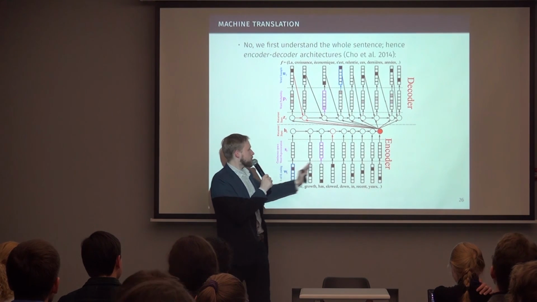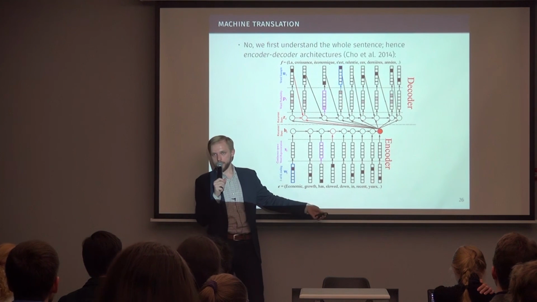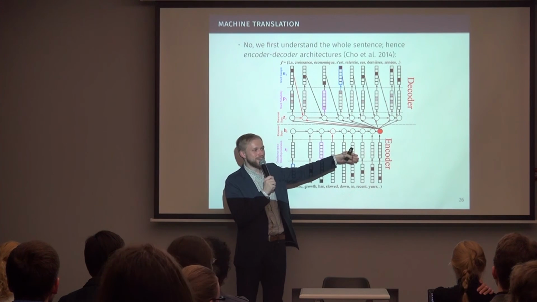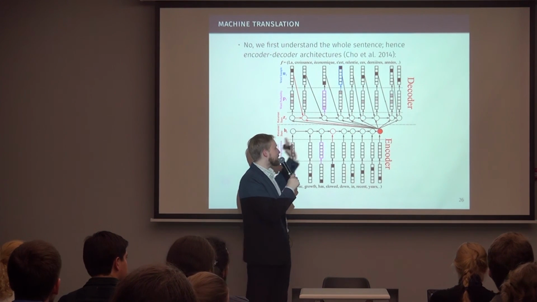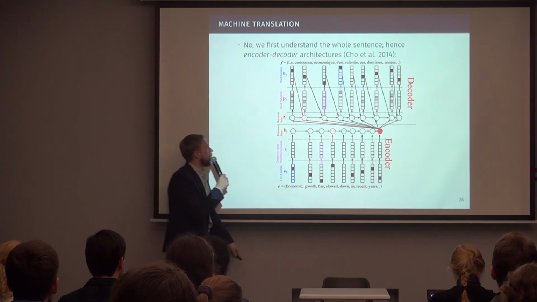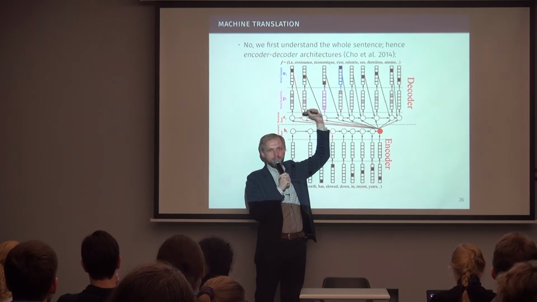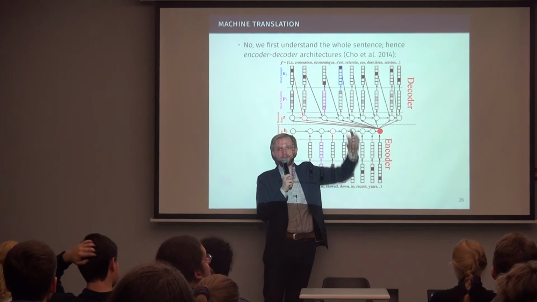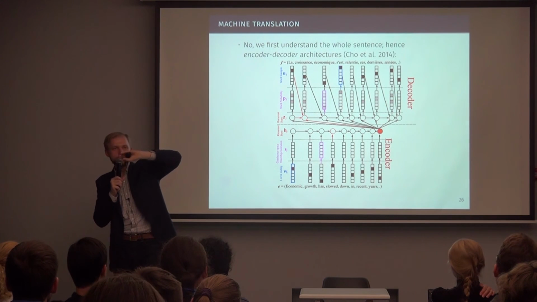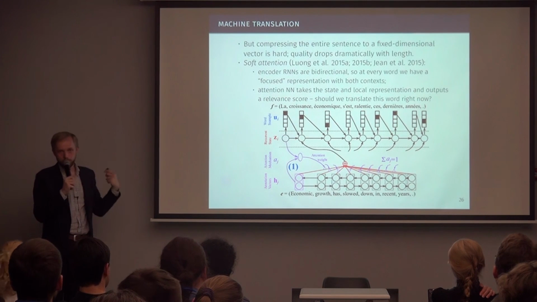We take the input sentence, put it through some kind of network, usually a recurrent network, and we combine this all into a single vector. Then we decode the vector into the translation. So we first encode it into a single state, which somehow should capture the meaning, and then we decode the meaning back. So this worked, kind of.